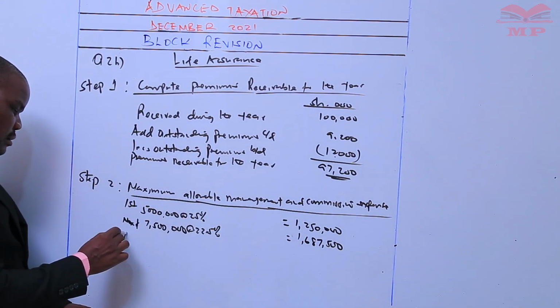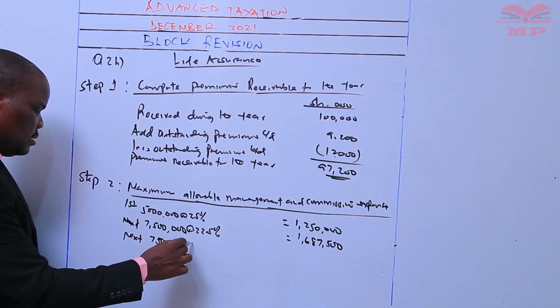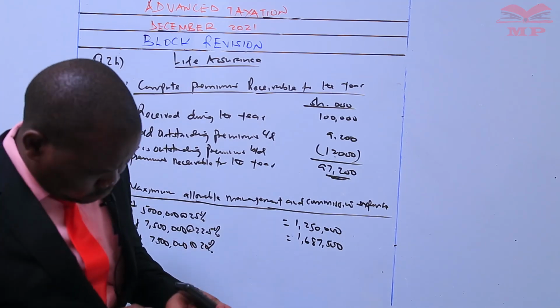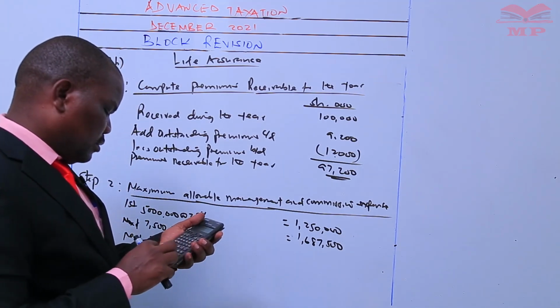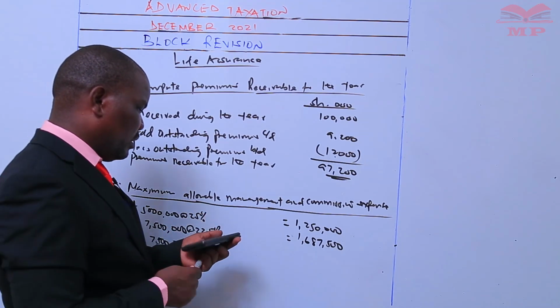Then next 7.5 million at 20%. 20% of 7.5 million is 1.5 million.